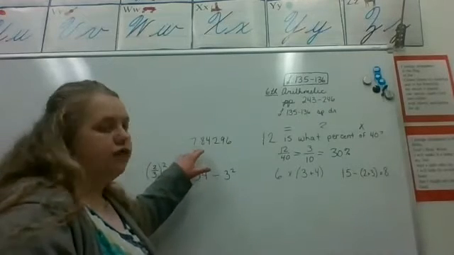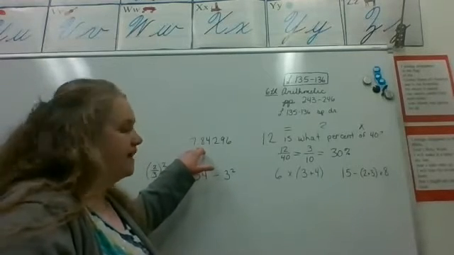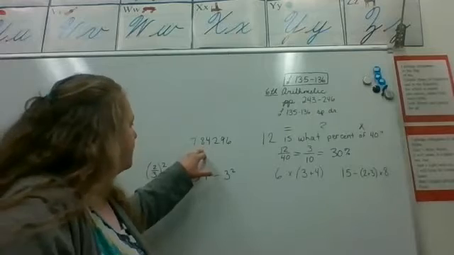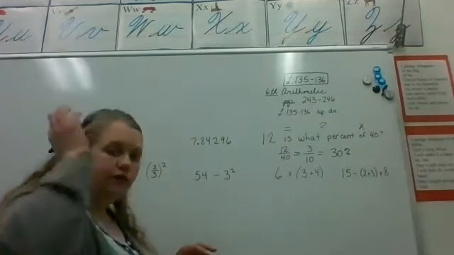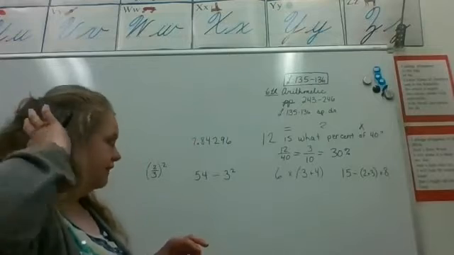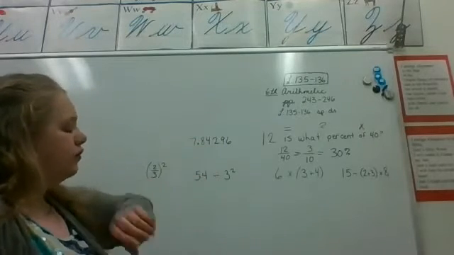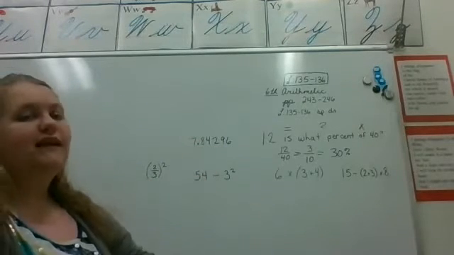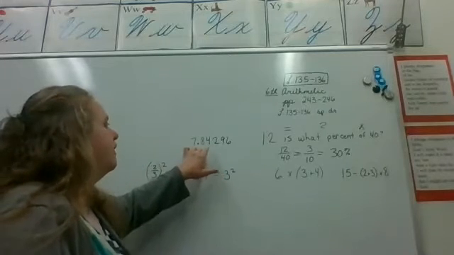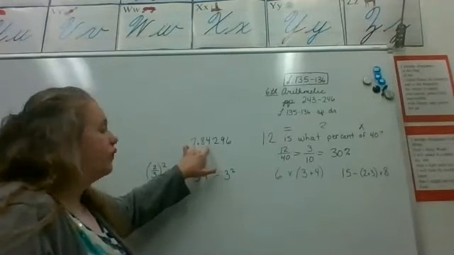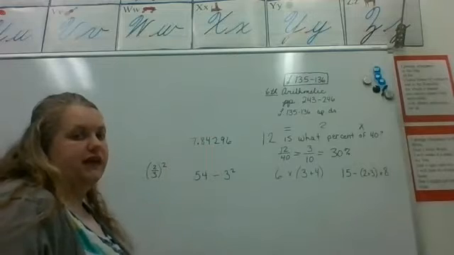Okay, so we're gonna look at the 8 because the 8 is in the 10th place. The 8 is in the 10th place, and so we look at the one next to it to see if 8 is gonna stay the same or go up. It's a 4. Does 4 make the 8 go up or stay the same?